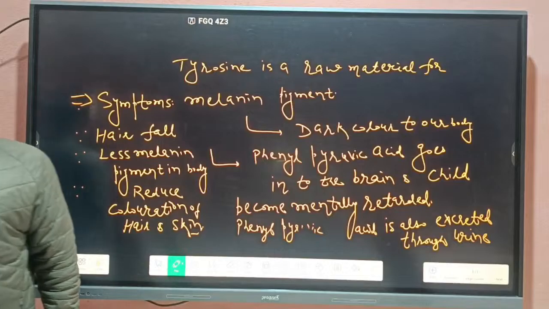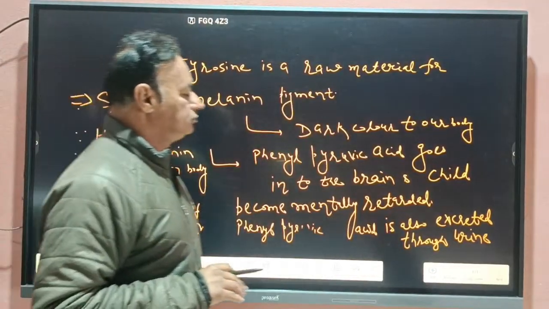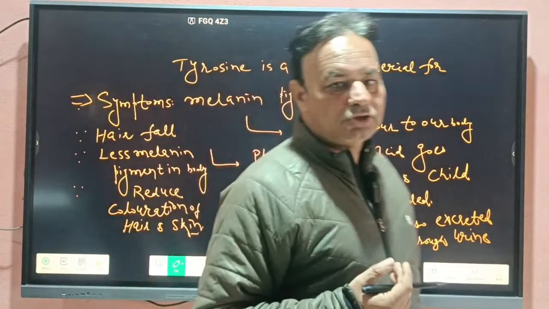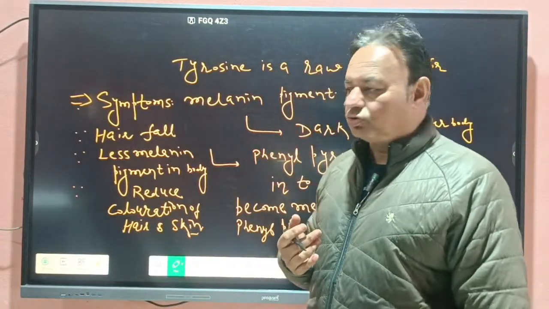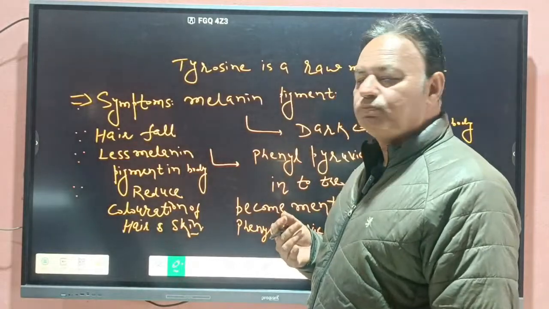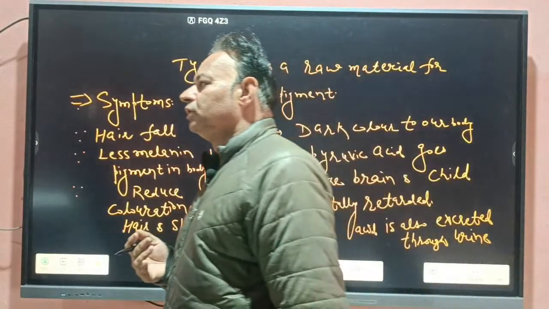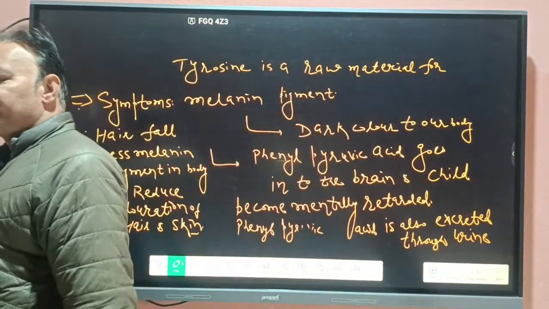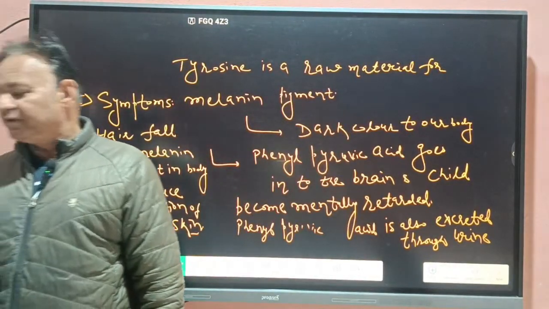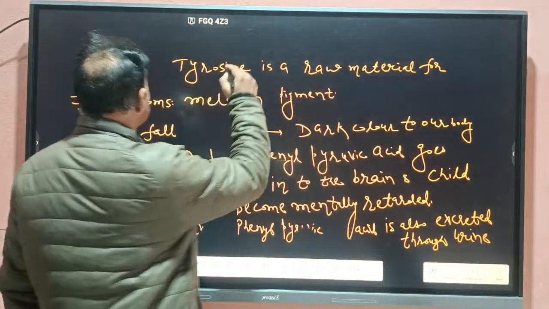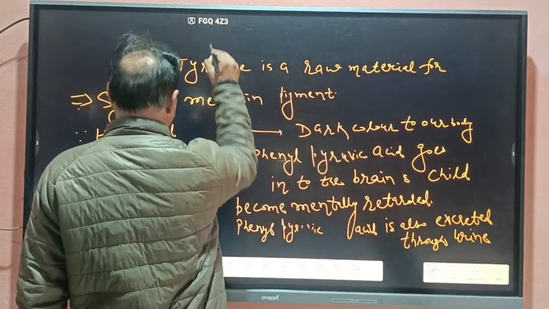The gene is present on the autosomal chromosomes in recessive condition. So it is an example of autosomal linked recessive inheritance.